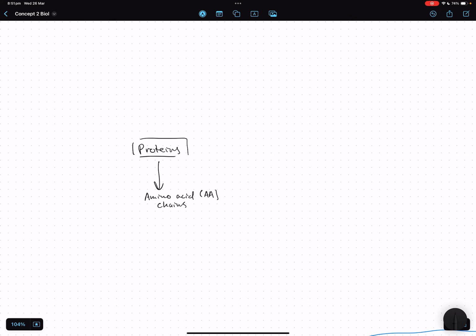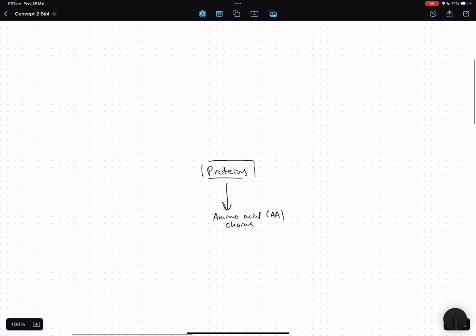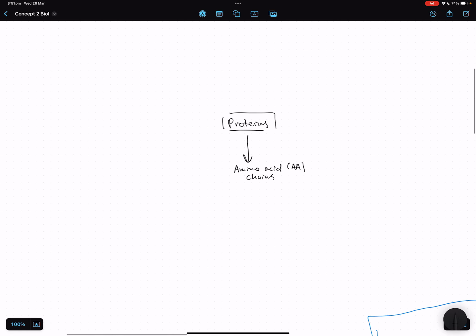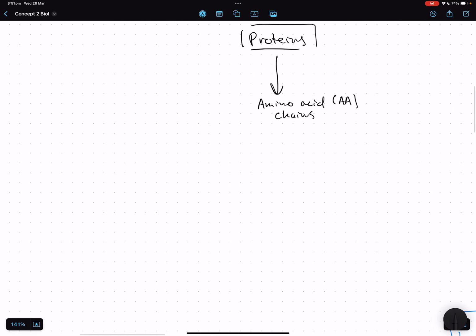So these amino acids, let's talk about those for a second, because it's vital for understanding proteins.